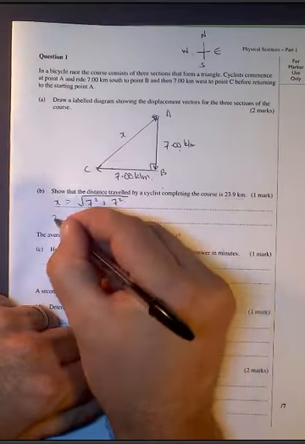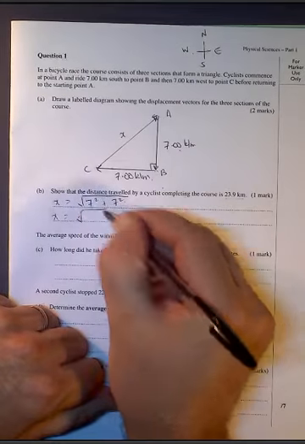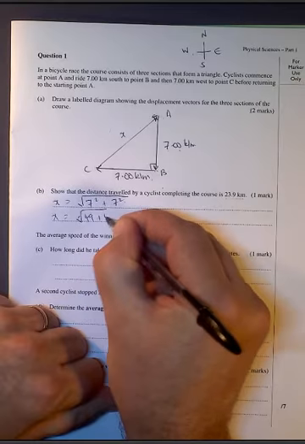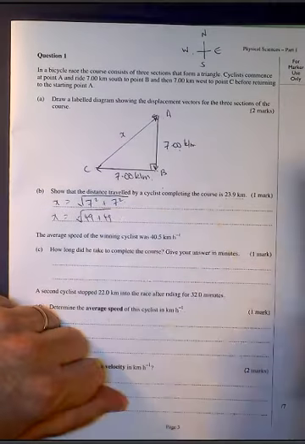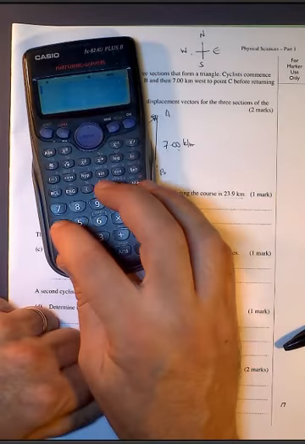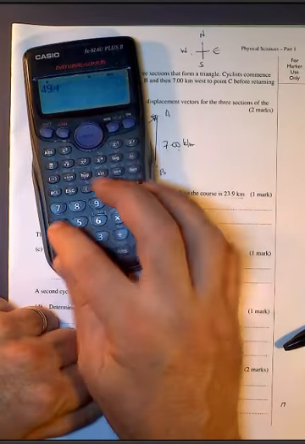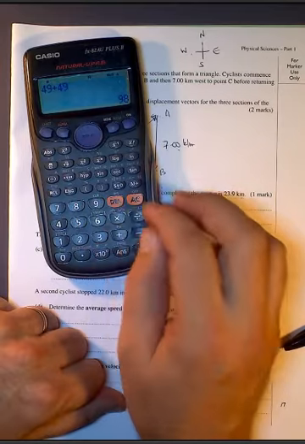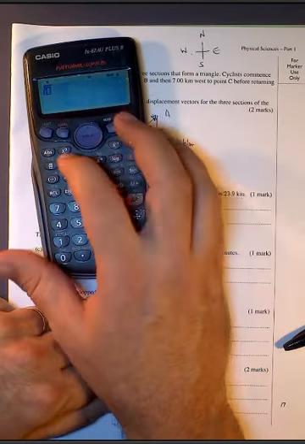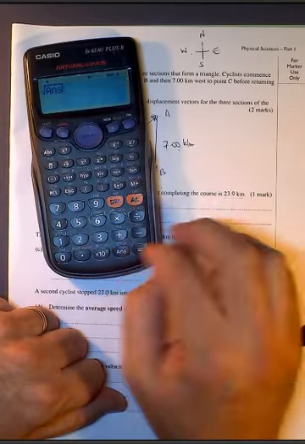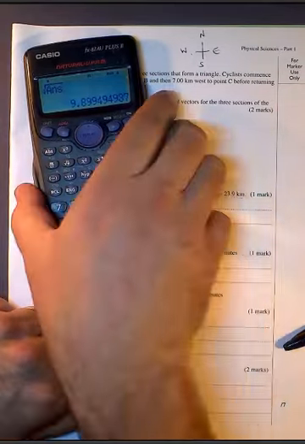So x will equal the square root of 49 plus 49. 49 plus 49 is 98, and then we take the square root of the answer, which equals 9.89 or 9.9.